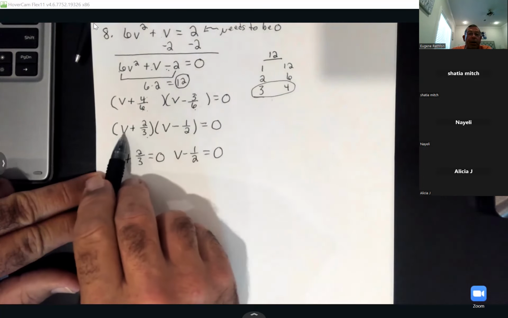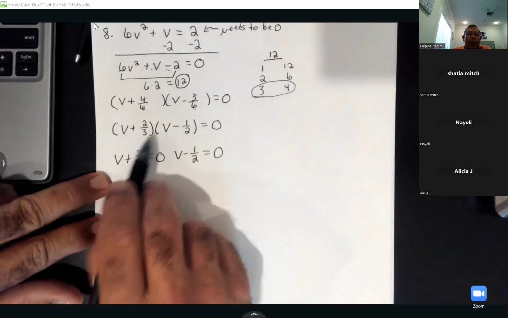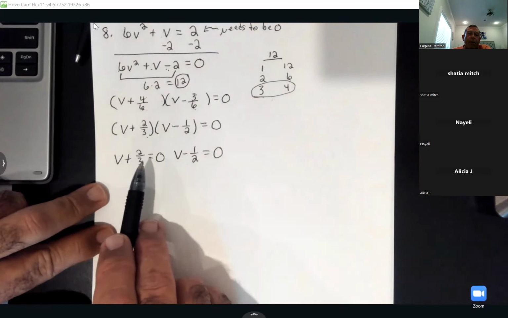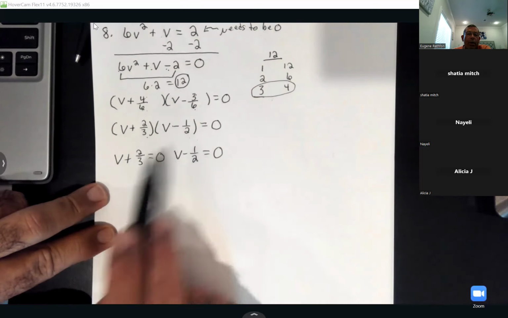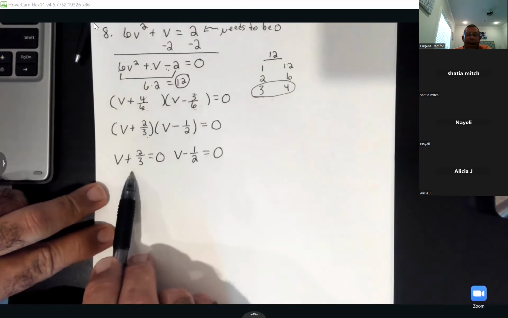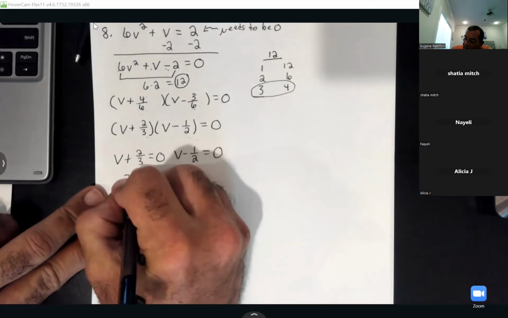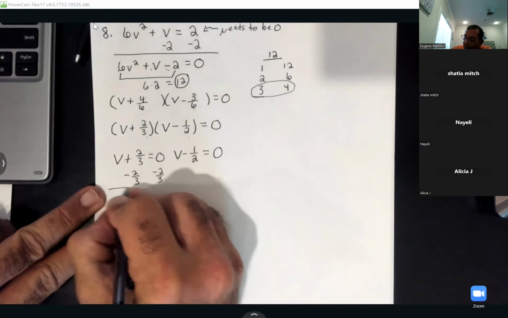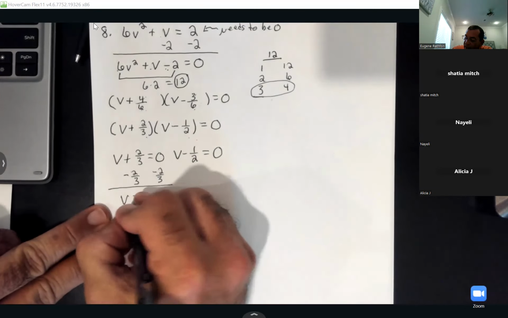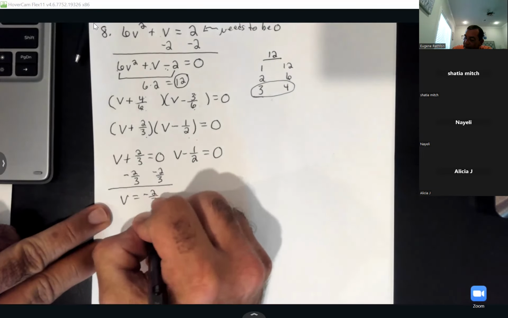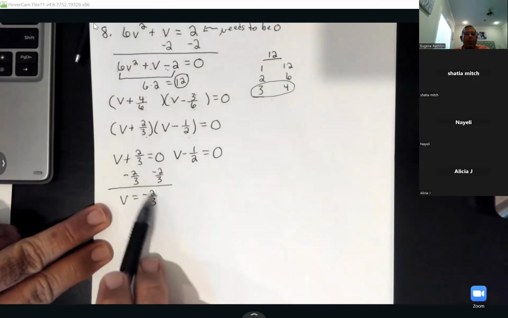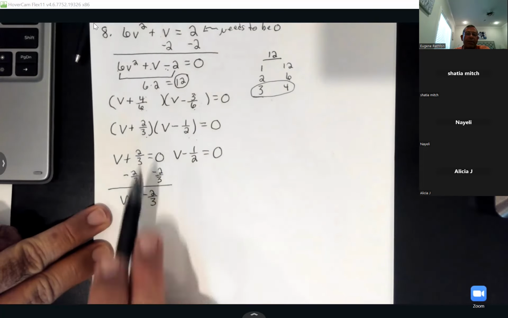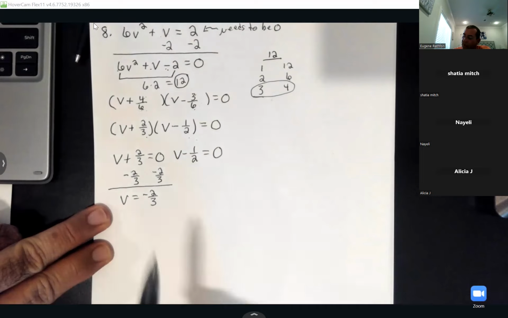Now you can move the 3 up in front and the 2 up in front. But y'all, if you leave it as a fraction at this point, all we got to do is subtract the 2/3 from the first one from both sides. And we'll get v equals a negative 2/3. So all we did basically was change it from a positive 2/3 to a negative 2/3.